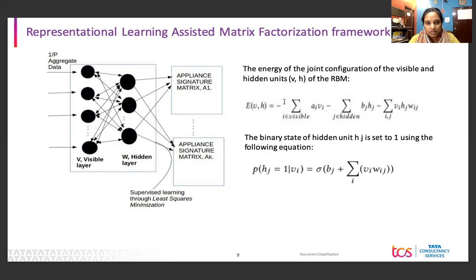And on the other end, connected to the hidden layer, is the historical information about each appliance, which is collected in the form of appliance signature matrix. And the generative neural network learns the representations of the input smart meter data in an unsupervised fashion and maps this to the appliance signature matrices on the other side of the hidden layer.